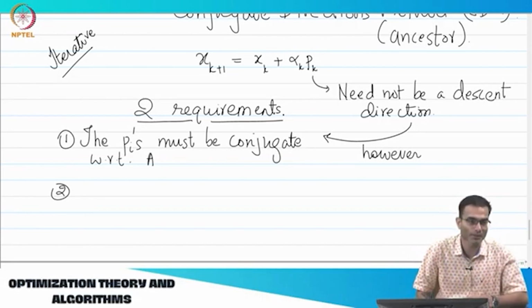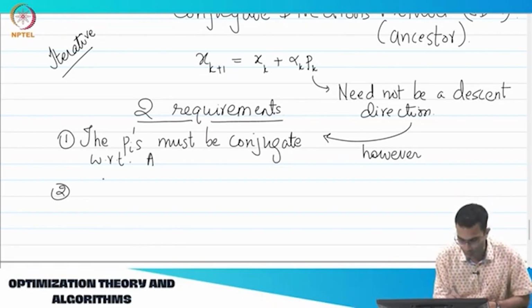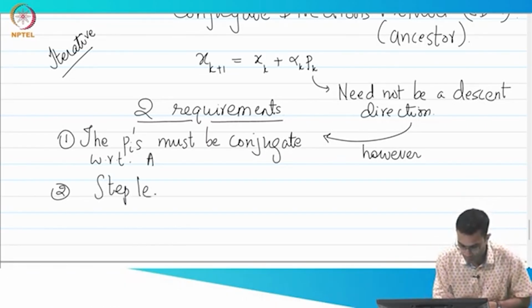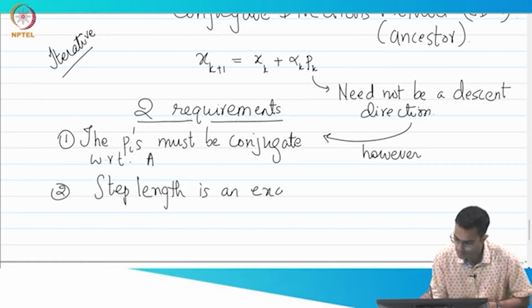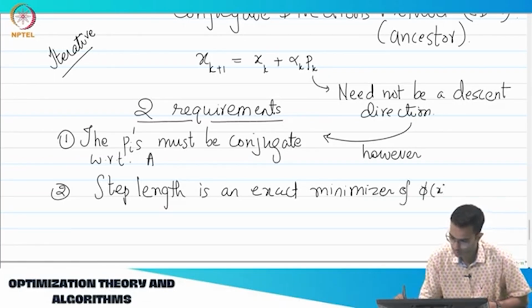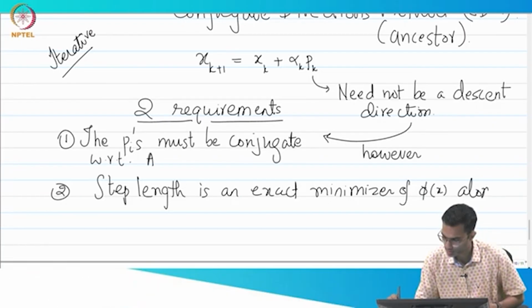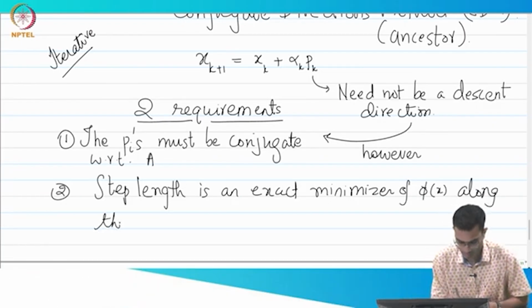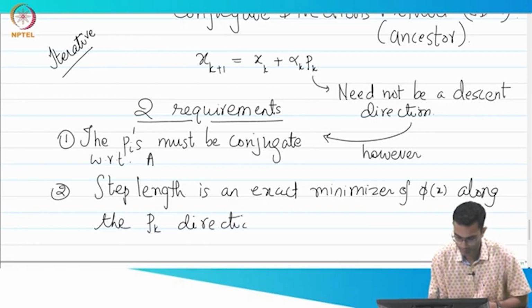Obviously you should use the exact step length. So the step length is an exact minimizer of phi of x along the pk direction.